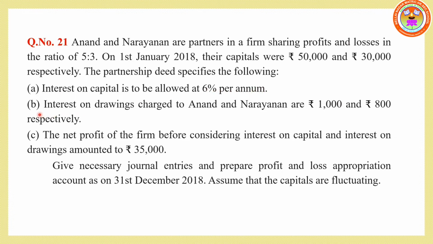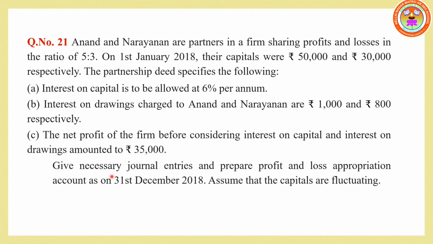Point B: interest on drawings charged to Anand and Narayanan are 1,000 and 800 respectively. Third one: the net profit of the firm before considering interest on capital and interest on drawings amounted to 35,000.